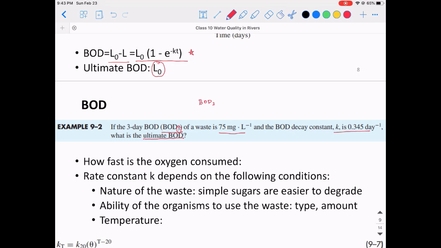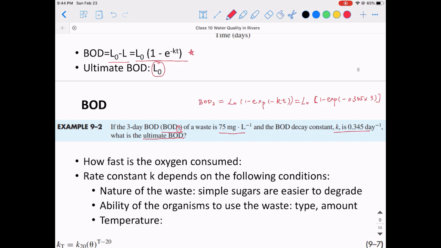We can directly use this equation here. We know that BOD3 is equal to L0 times 1 minus exponential minus KT. In this scenario, K is equal to 0.345 per day, and T is equal to 3.